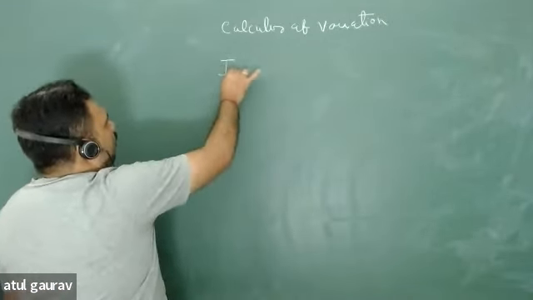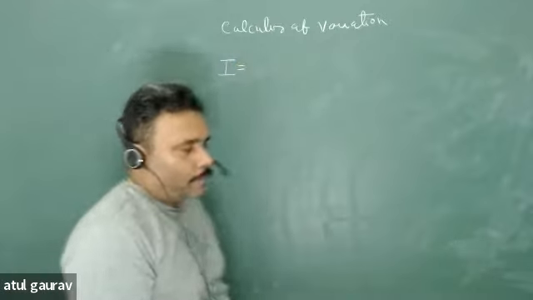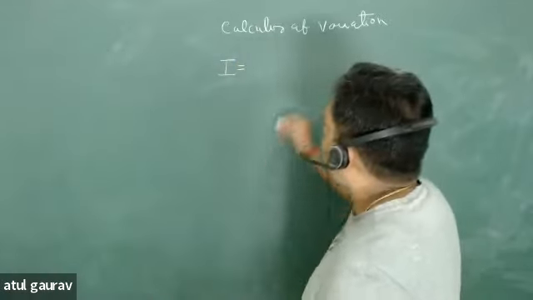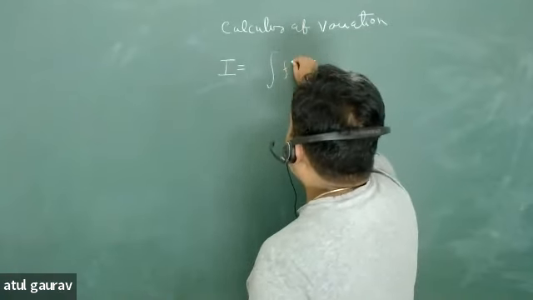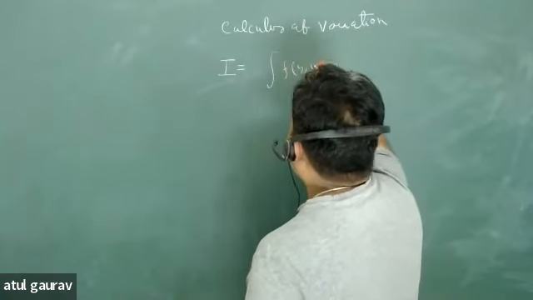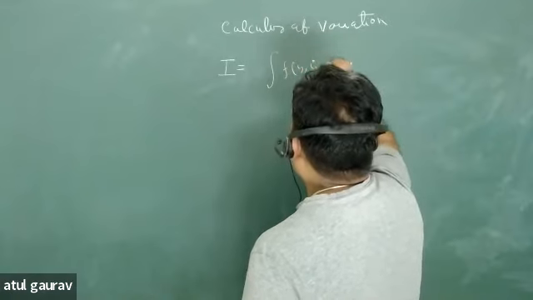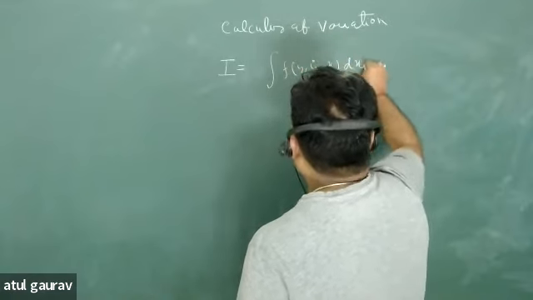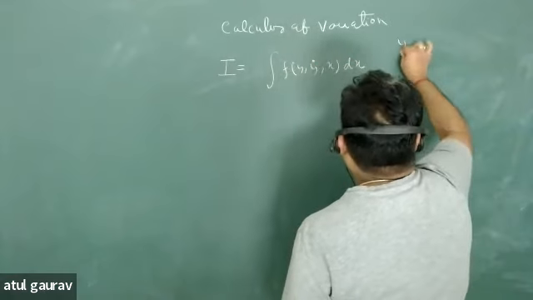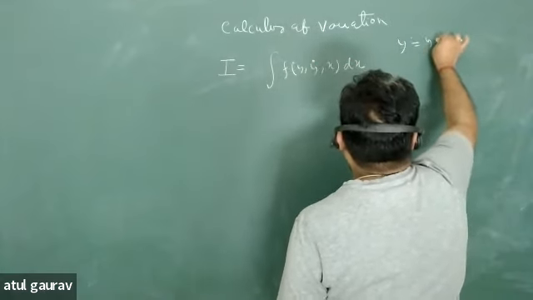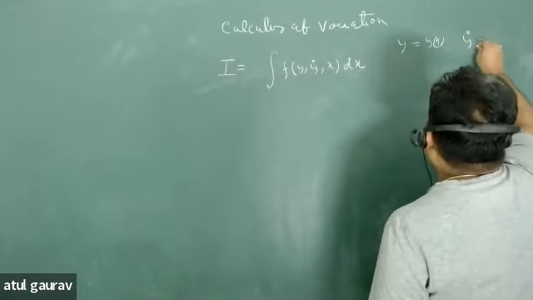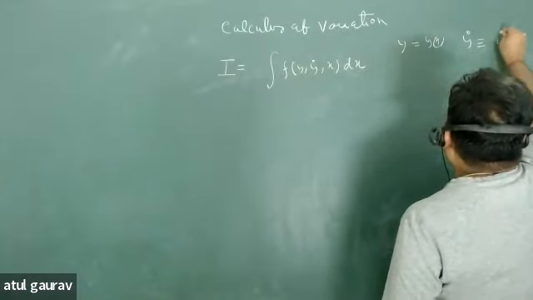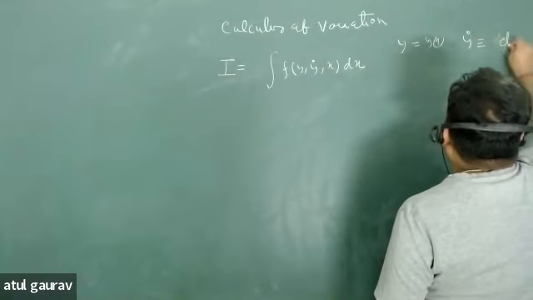Suppose we have an integral, and that integral is a function of y, y dot, and x, dx, where y can be a function of x and y dot is actually dy upon dx.